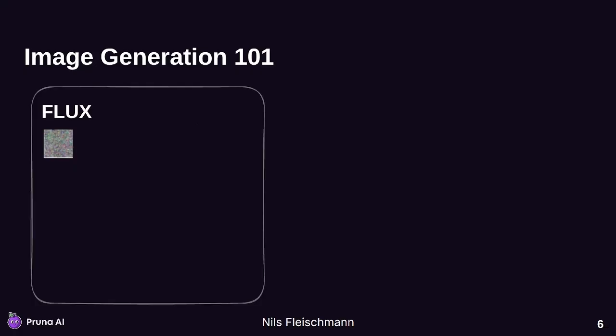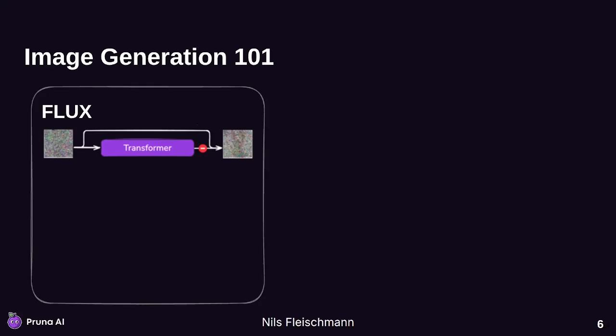Then you have a very huge neural network, in this case a transformer for Flux. You feed this random image to the transformer, which has learned to denoise the image. So it will remove some of the noise and give you a less blurry version of that image.